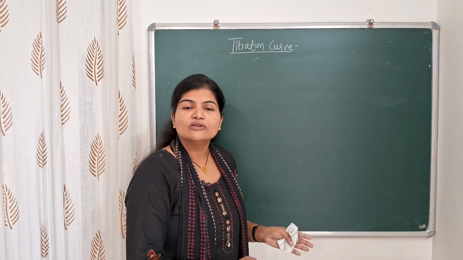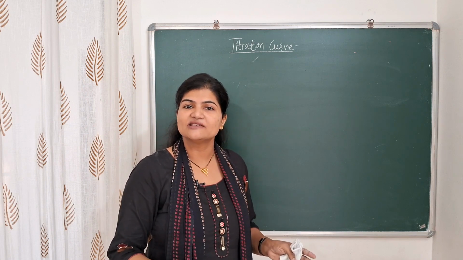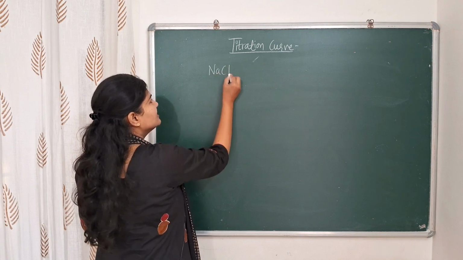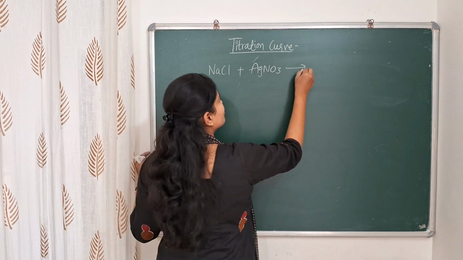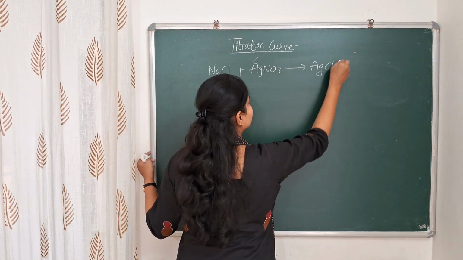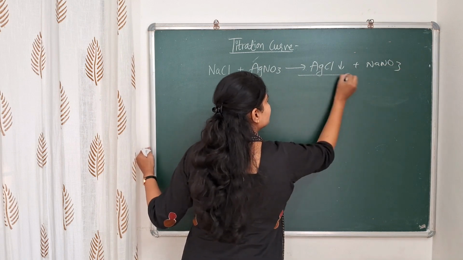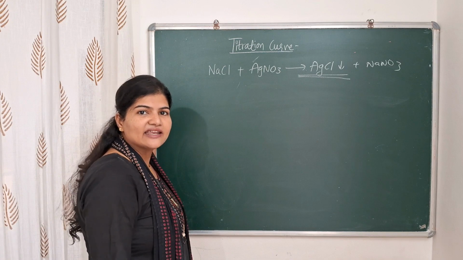But talking about this video, what are precipitation titrations? Let's take an example of sodium chloride being reacted with silver nitrate to form silver chloride PPT. This is a precipitation reaction, and this titration we can carry out.